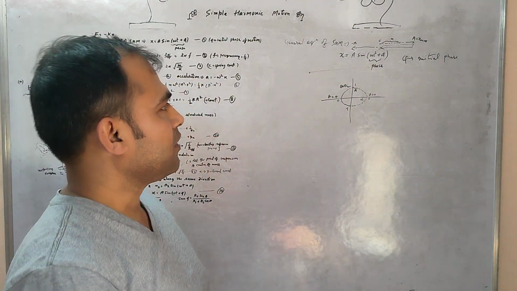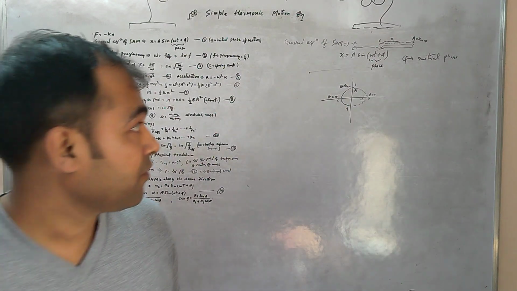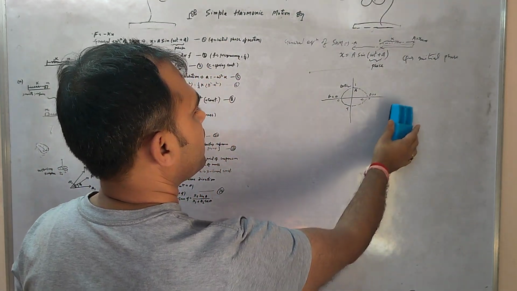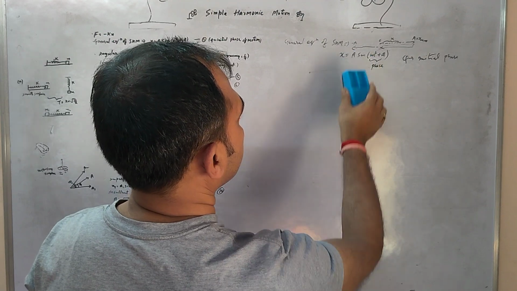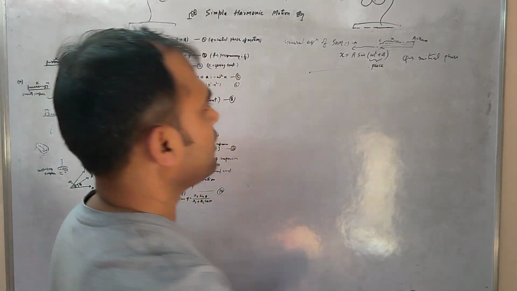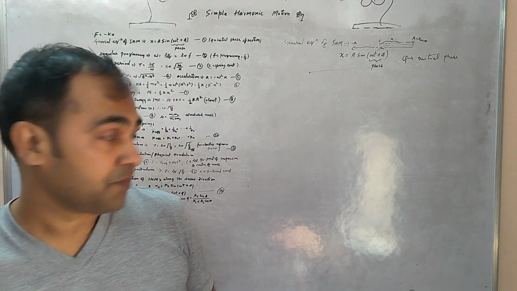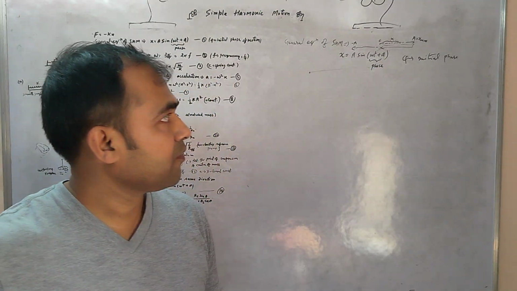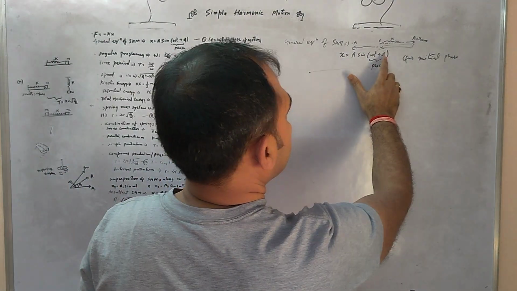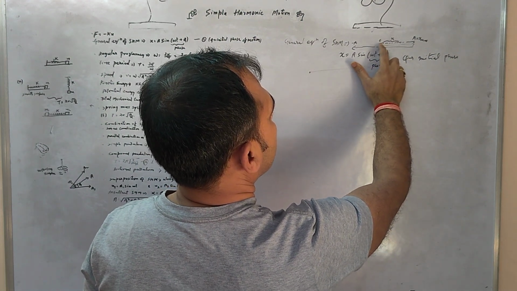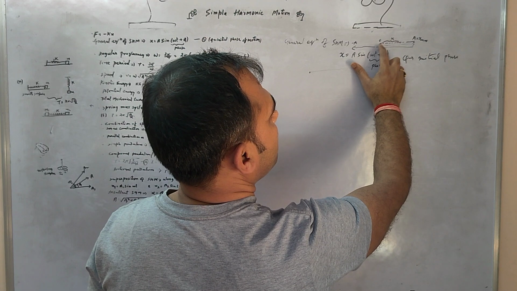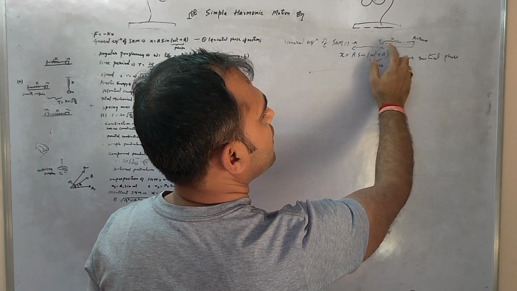I hope the concept is clear now. You must be aware of this: from where did we get this general equation as a sine function of time? Initial phase, if phi is 0, then the point will start from the center.